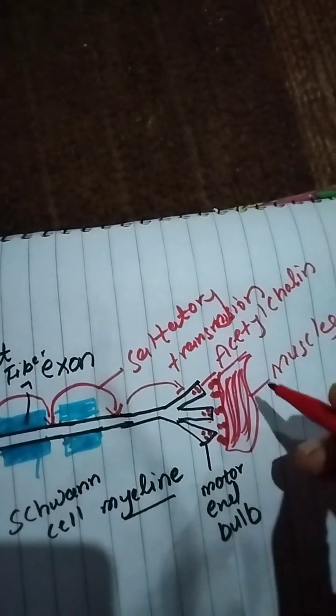This is our muscle. When saltatory transmission initiates these chemicals, acetylcholine, they are released from the motor end bulb and attach to the muscle receptors.